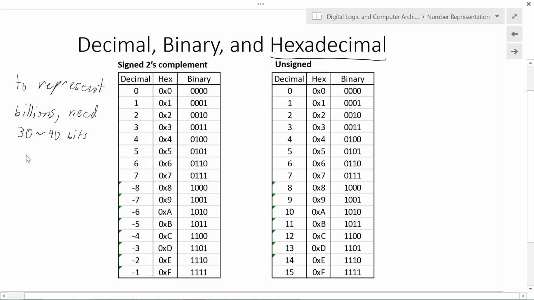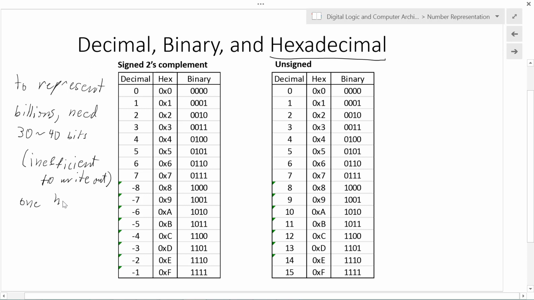However, that's very inefficient when typing it out. So hexadecimal uses hex digits to represent sets of 4 bits.